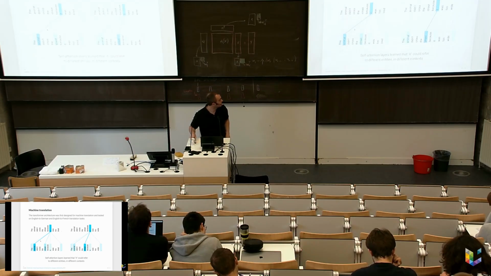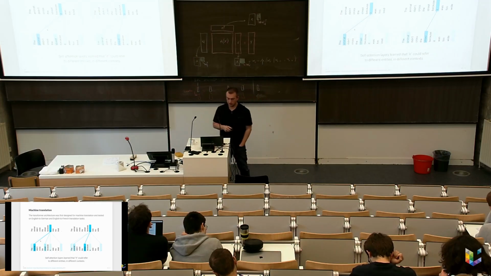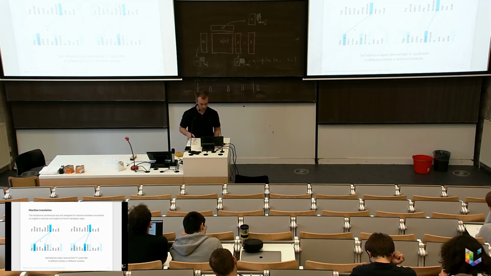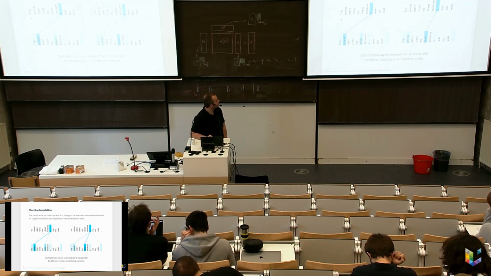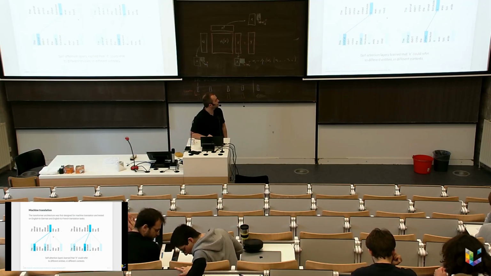Okay. This is yet another example of all this mechanism in the case of machine translation. So the original transformer was trained on this. And this is an example on the sentence I was using earlier. The animal didn't cross the street because it was too tired.